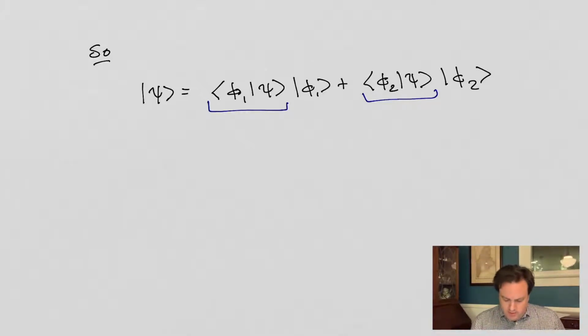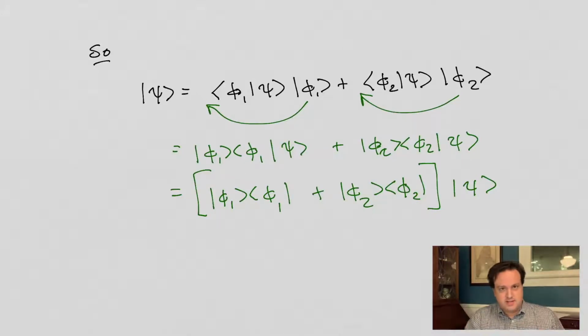And when I move them after the state, I end up with an expression that starts to look, well, actually kind of neat. I have something that looks like a ket phi1 with a bra phi1 and then my state, and a ket phi2 with a bra phi2 and then the state.